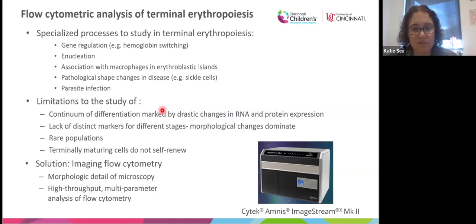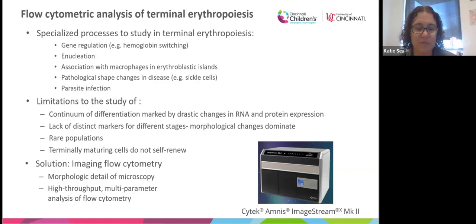So if you're not familiar, an imaging flow cytometer basically takes the PMTs that you would use to detect your fluorescence in flow cytometry, and replaces them with a CCD camera that you can take fluorescence images on. So you're simultaneously doing light and fluorescence microscopy as well as this high throughput interrogation of the cells and their fluorescence and their characteristics that allows for the multi-parameter analysis that you do afterwards.